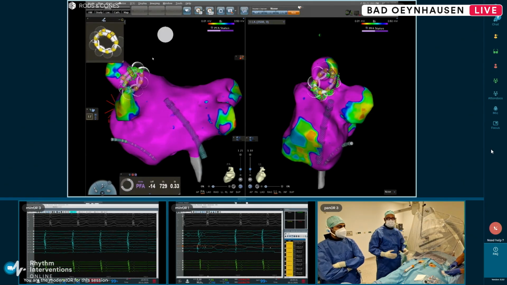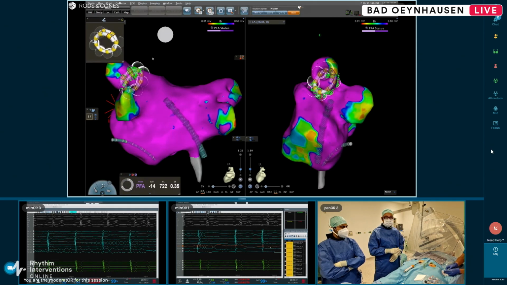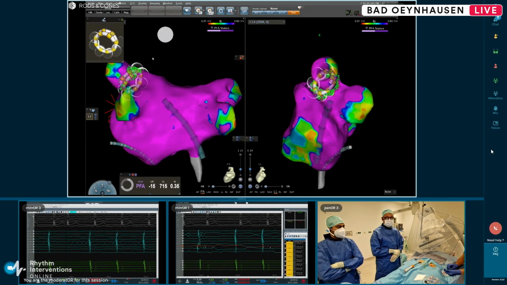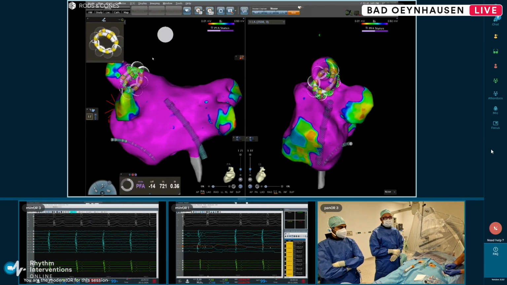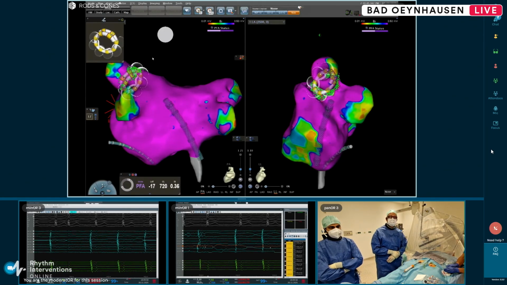So performing this without general anesthesia works quite good in all the cases. And we have now performed more than 150 cases or even 200 cases with a Varipulse device and without any problems following this approach. Any other experience from the panel, or you, Richard?